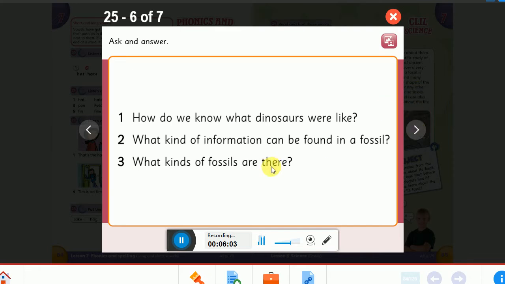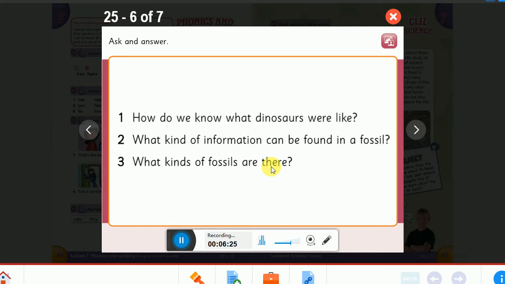What kind of information can be found in a fossil? As I told you, fossils give us a lot of information about life of the past and animals and plants of the past: how these animals lived, or what these animals or plants looked like, and so on. So it's important to know about life.